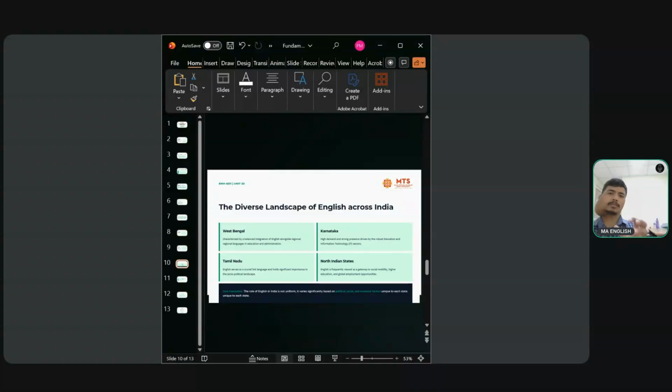English has often been used as a neutral language, a language that allows people from different linguistic backgrounds to communicate without one group feeling that another language is being imposed on them. So in Tamil Nadu, English has a specific socio-political significance that is quite different from other states.